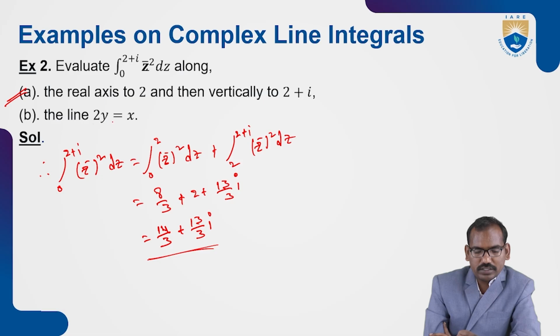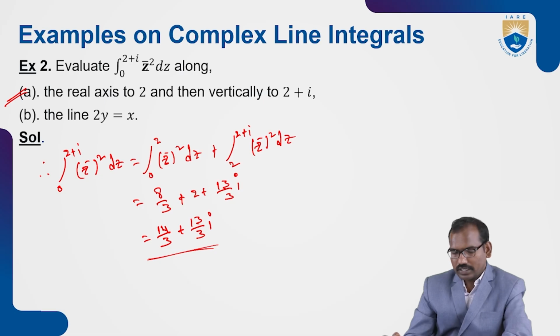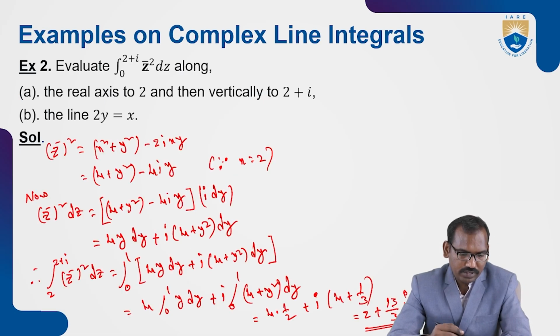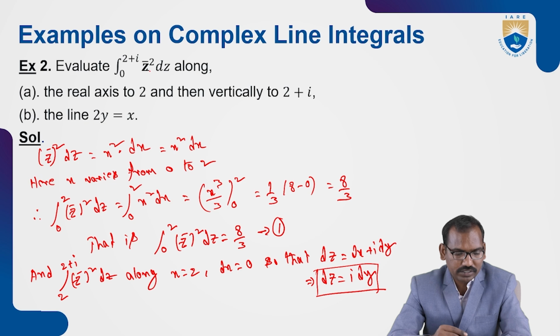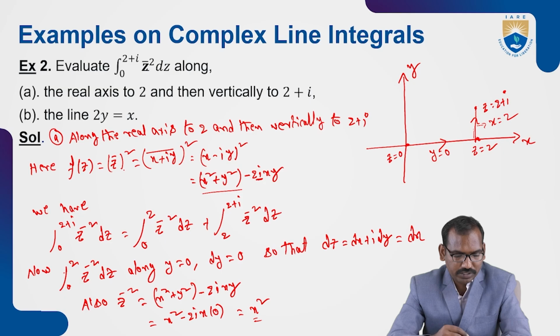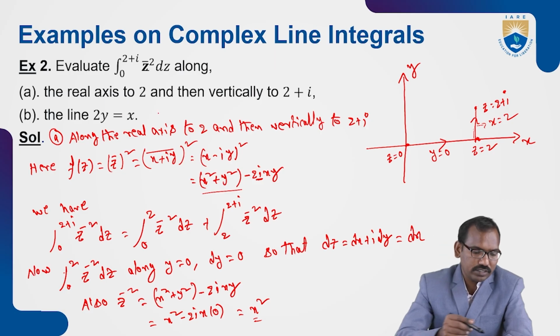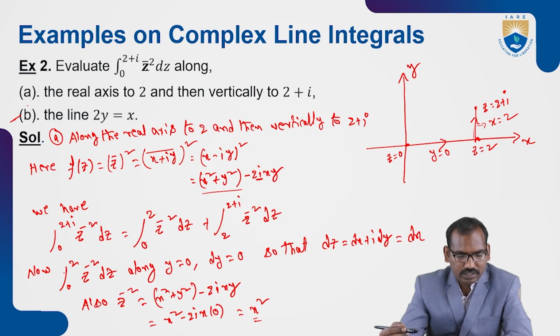Here we have 2y is equal to x. As I already explained, we always write the given complex function. Here the complex function is z bar square. You write it in terms of real and imaginary parts. After that, you take the curve and apply the conditions. In this case B, we need to take 2y as x, or you can take x as 2y.